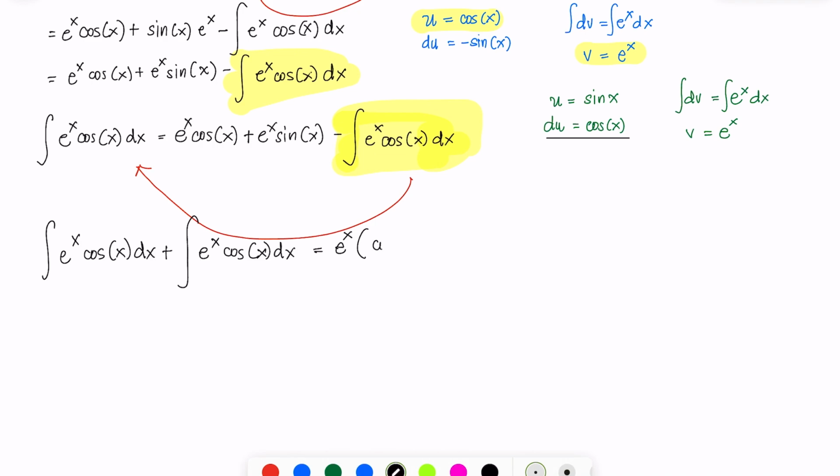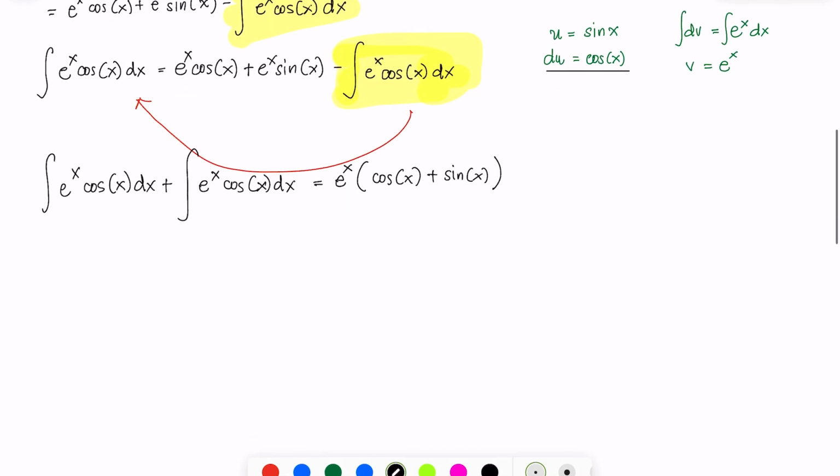So I have cosine of x plus the sine of x. Now notice that it's just like a plus a, we know that to be 2a. So the same thing happens here. You have two of exactly the same integral, so two times the integral of e to the x cosine of x dx is equal to e to the x times the cosine of x plus the sine of x.